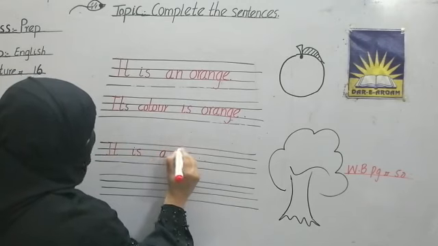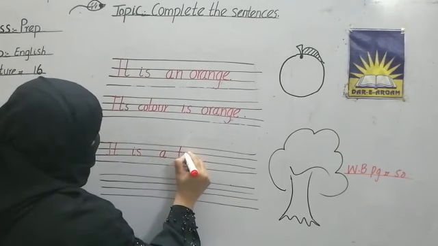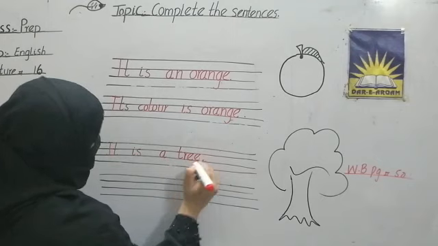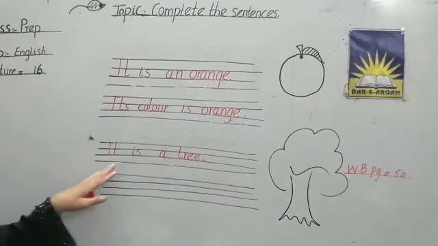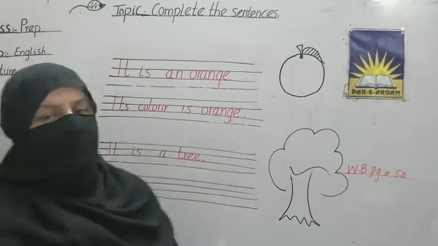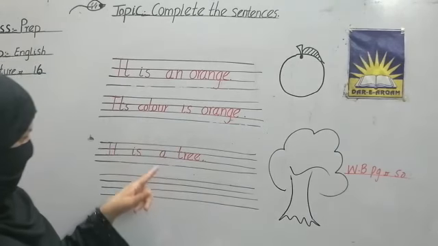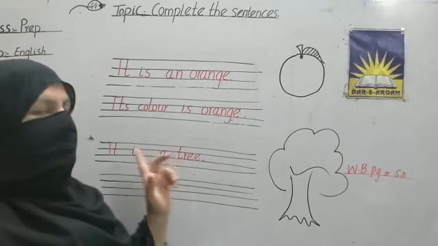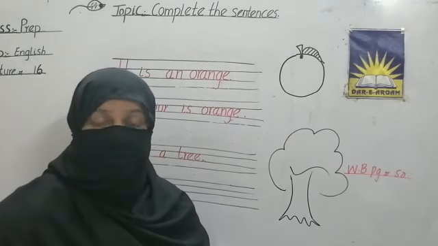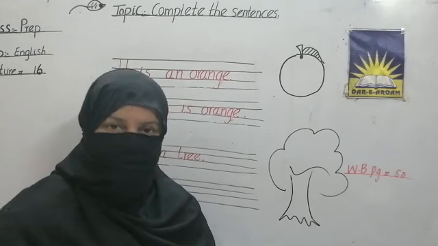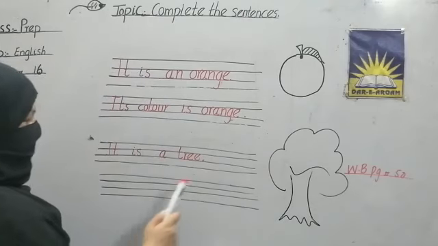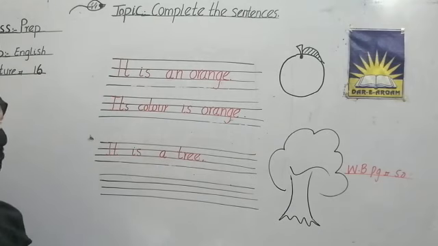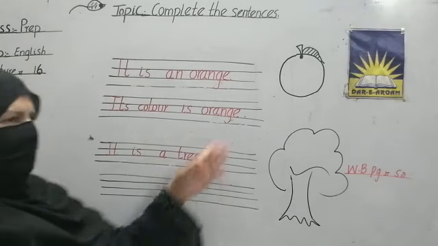It is a tree. Student, tell me why we write a here. Because the word tree starts with letter T, and T is a consonant, not a vowel. Clear, students? So that's why I use a here.